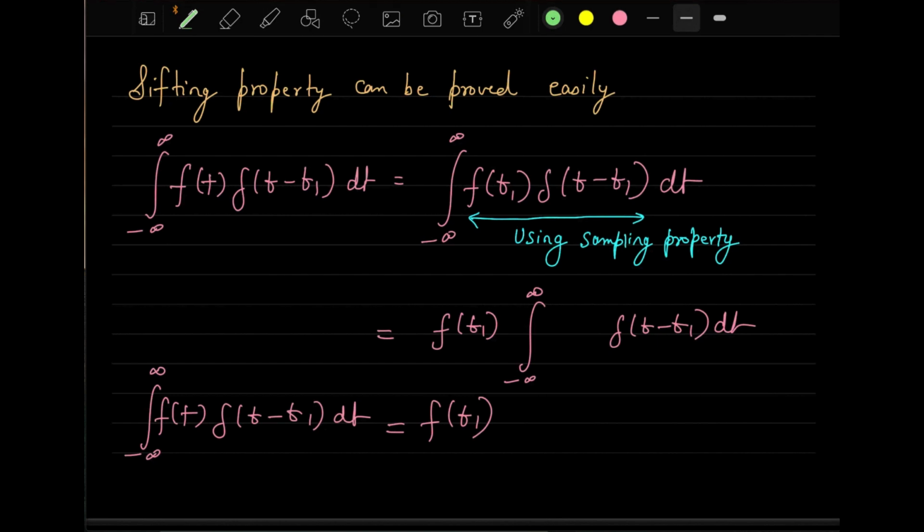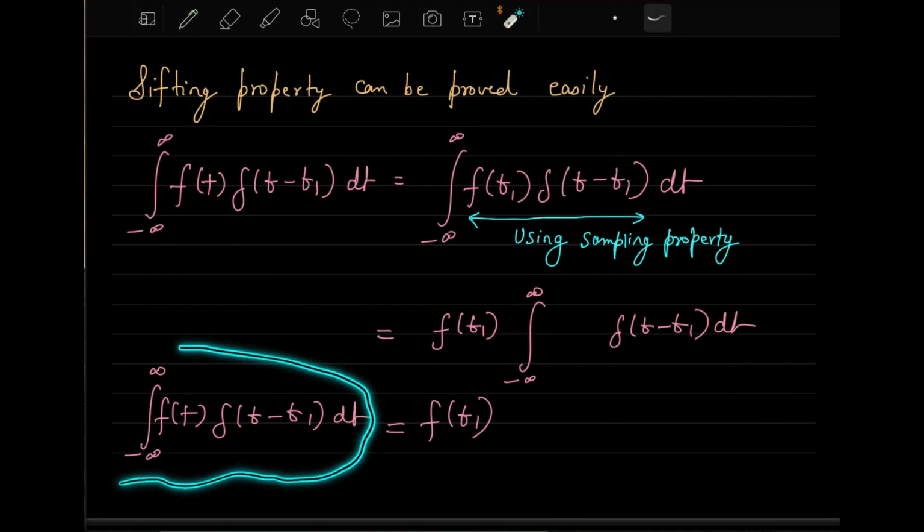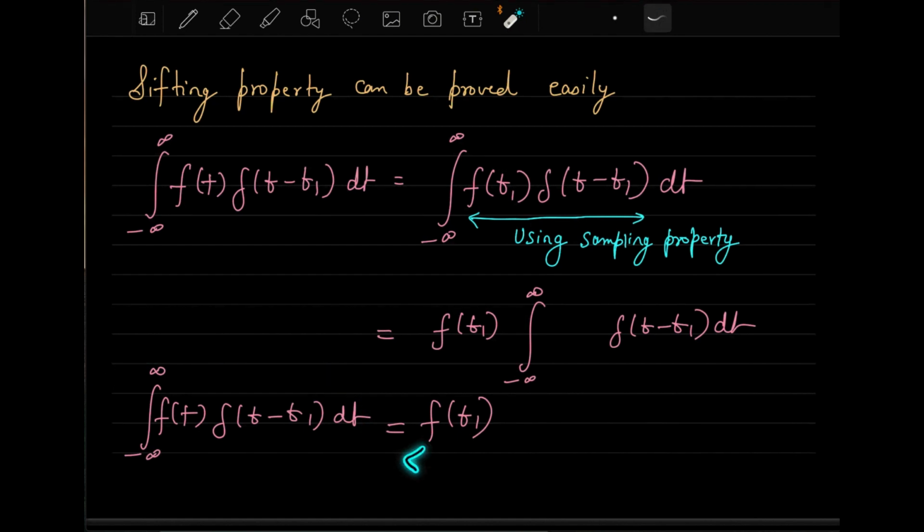So you can easily prove that if you integrate f of t delta t minus t1, then the value will come out to be f of t1. Note that this will be a value at time t1 for this function f. It's not an impulse now. This is also important: this is a value of a function at time t1, and the impulse characteristic is gone because you have integrated from minus infinity to infinity. So this has to be kept in mind.